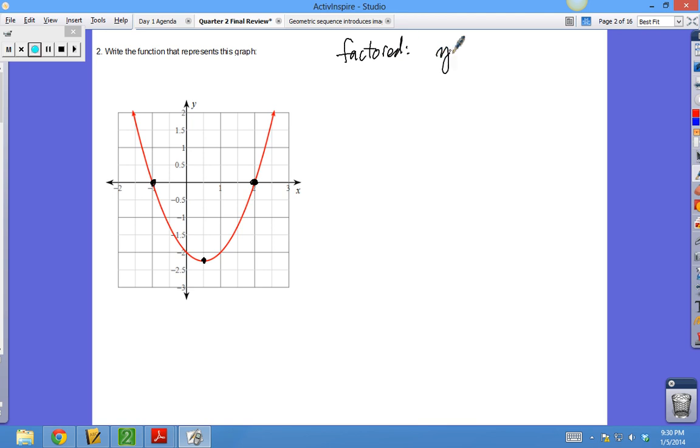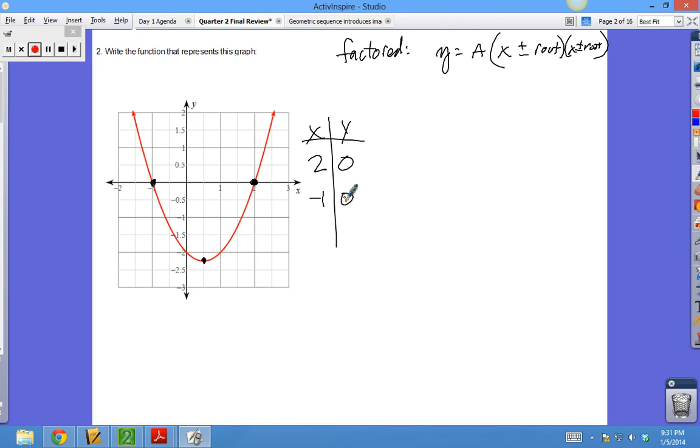Okay, the factored model is y equals a(x plus or minus some root)(x plus or minus some root). I'm going to make a table and plot these 2 points right here, my roots. This point is 2 and 0, and this point right here is -1 and 0.